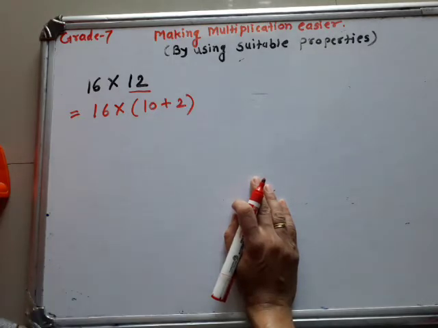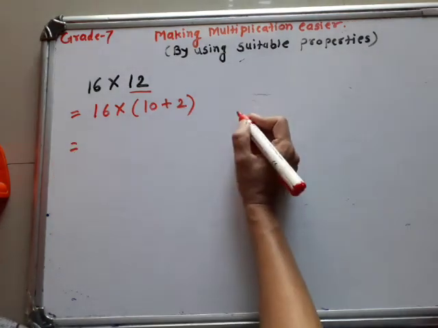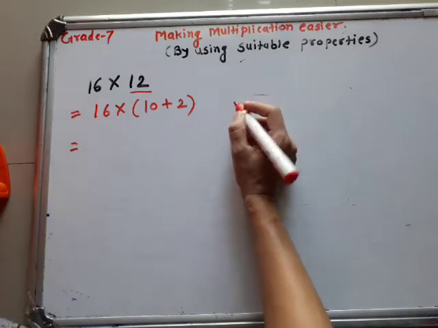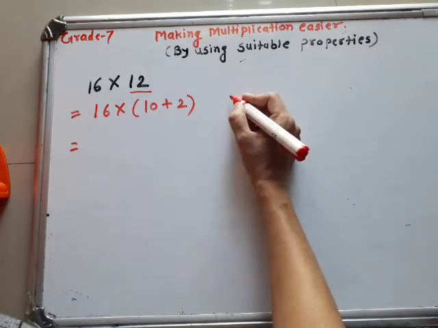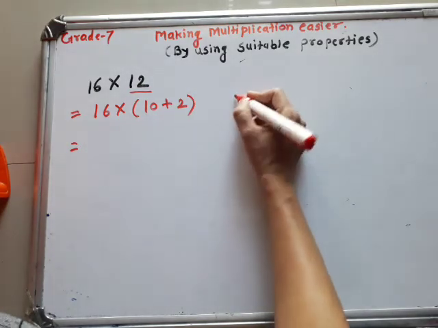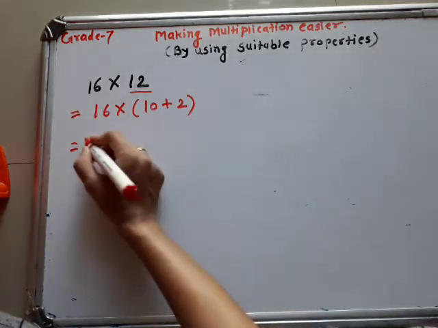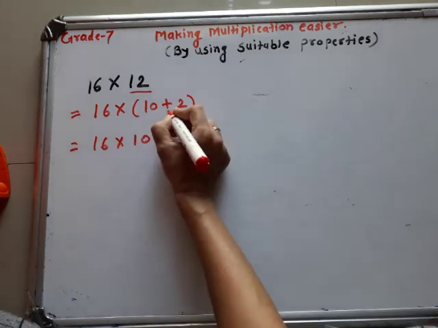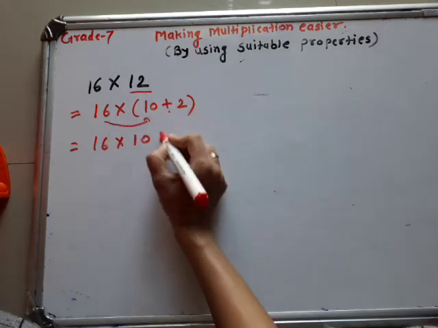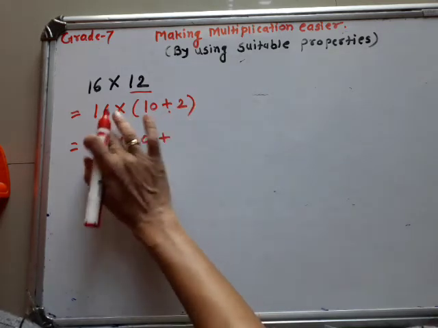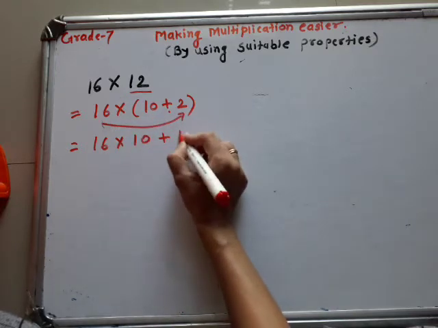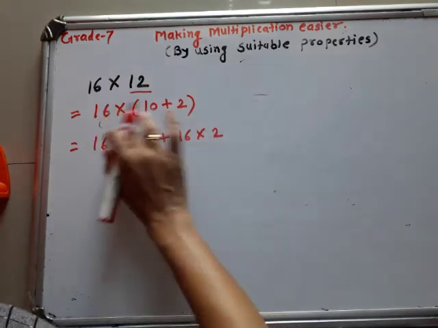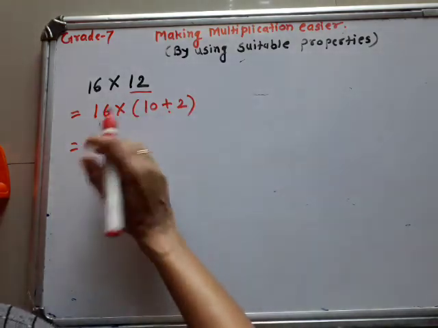Now here we use the distributive law of multiplication over addition. See here how to use it. 16 multiplied by 10, first we multiply this 10, then this plus sign, then again 16 multiplied by 2. So which law do we use here? Or how to solve here directly?